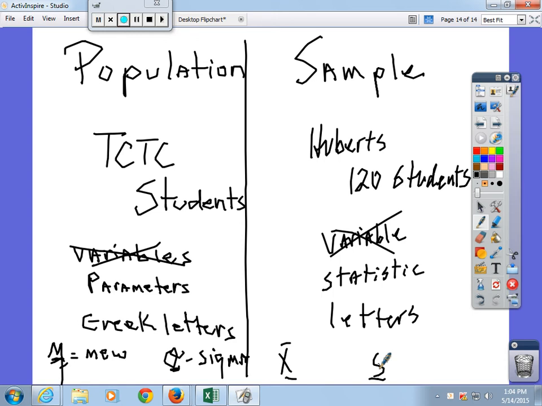So most of the time, if the question does not say, it's going to be the sample, because most of the time in statistics we're dealing with sample because we don't want to have to deal with what? Population. So most of the time it's going to be this.